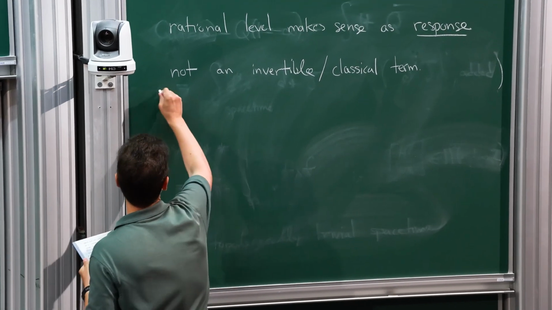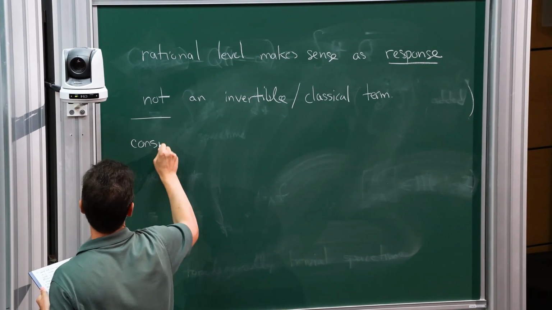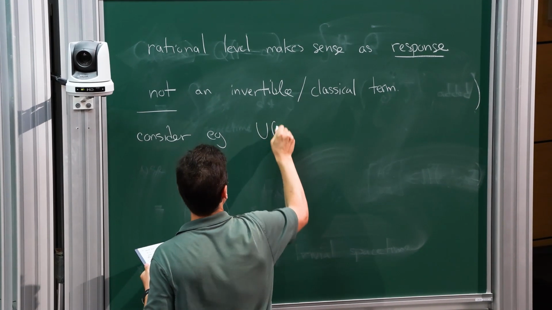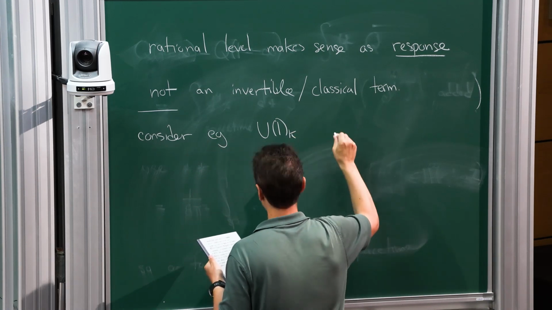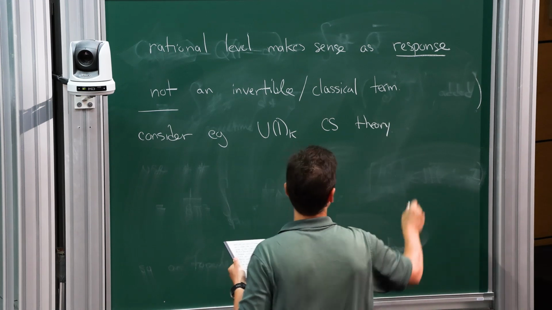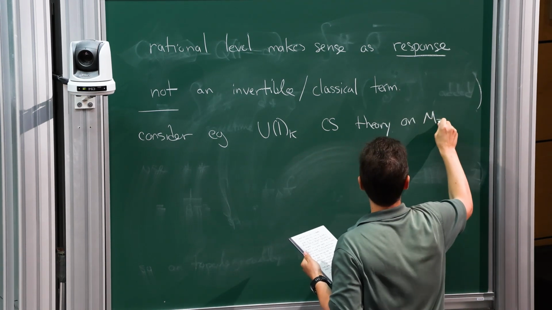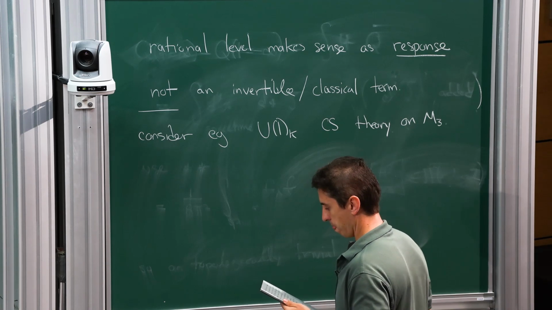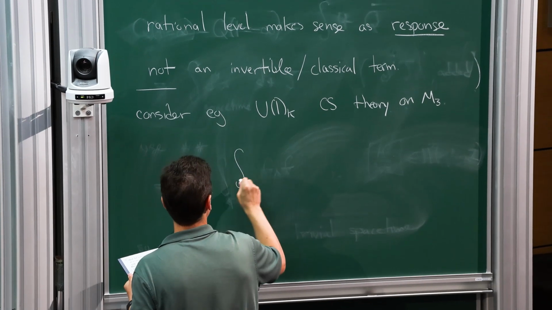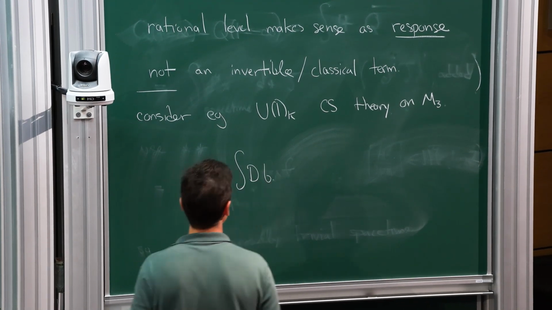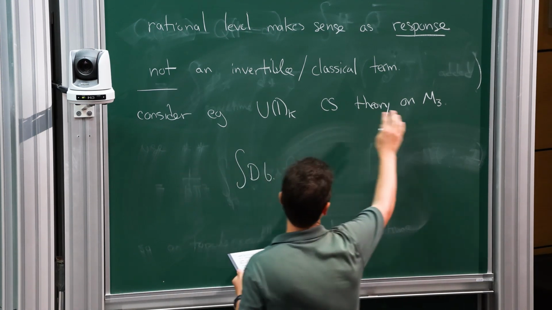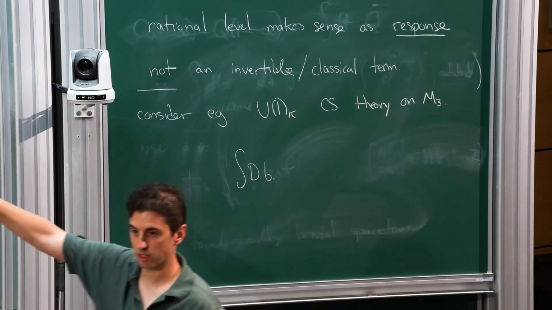So let's consider, for example, U(1) level K Chern-Simons theory on M3. I can consider the functional integral over dB. B will be the Chern-Simons gauge field. For right now, you can just ignore the fact that this M3 is eventually going to be the same as that M3.